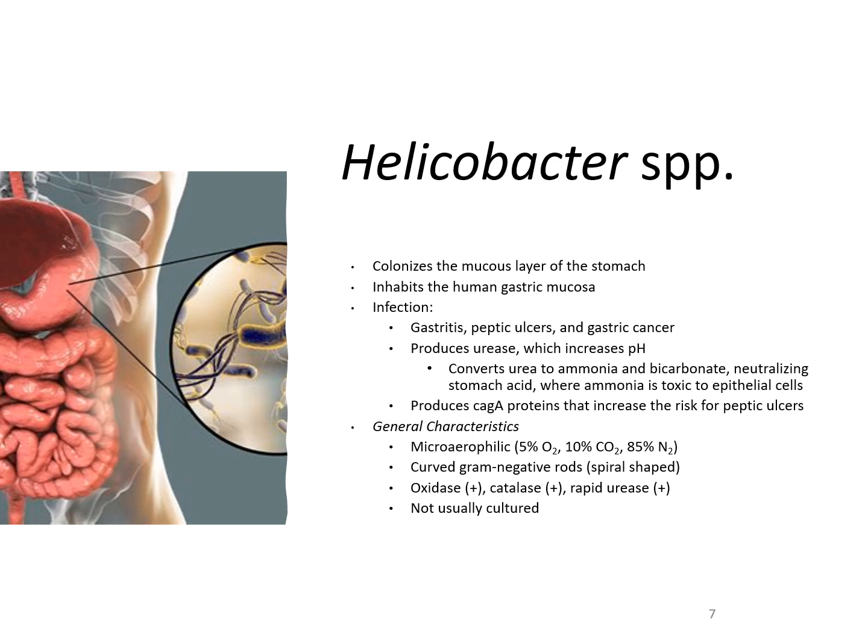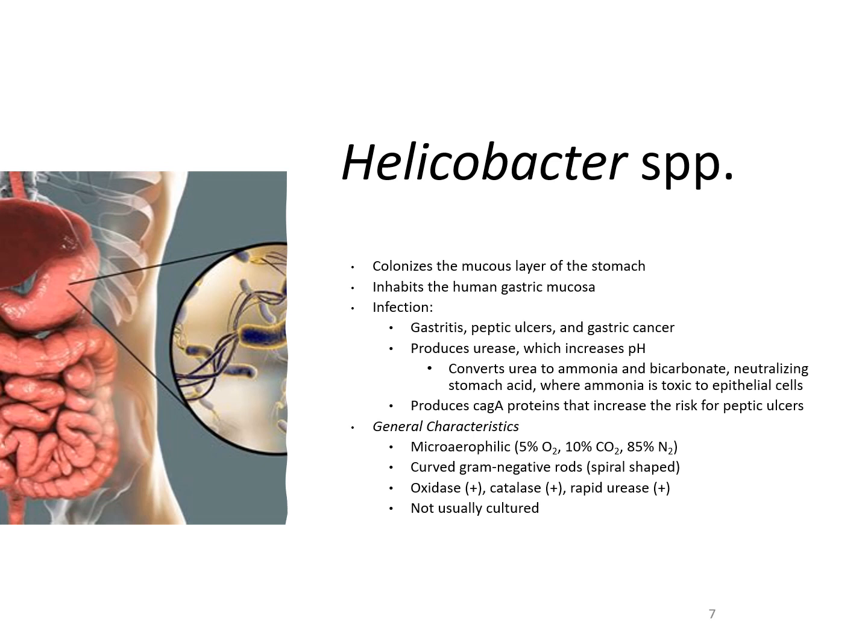What happens is it will convert the urea to ammonia and bicarbonate, and this will neutralize the stomach acid. And of course, your stomach acid helps to break down things and prevent growth of anything that's not supposed to be there.